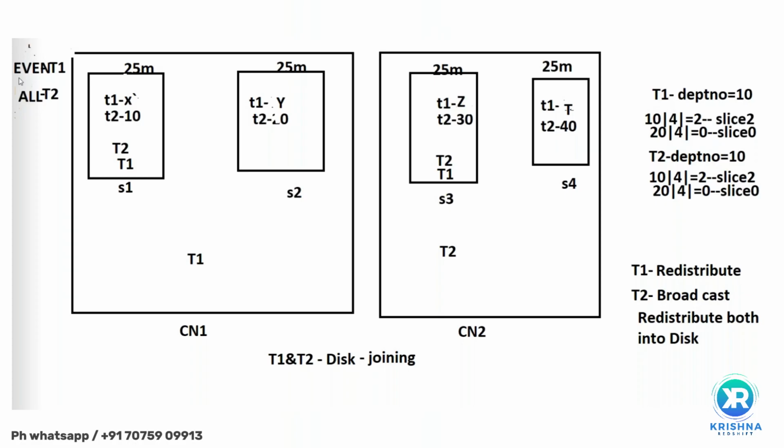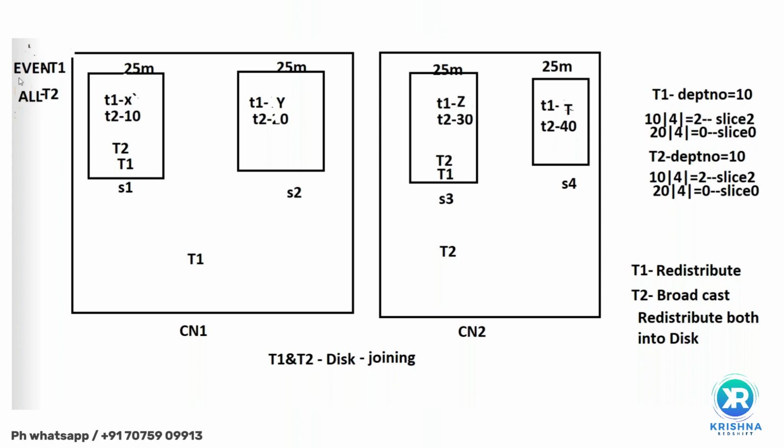Both are very very large tables. Order table will have billions of records. Both are joined based on order number. Order table is already distributed based on order ID, so no problem. But customer table is not distributed based on order number, it is distributed based on customer ID.